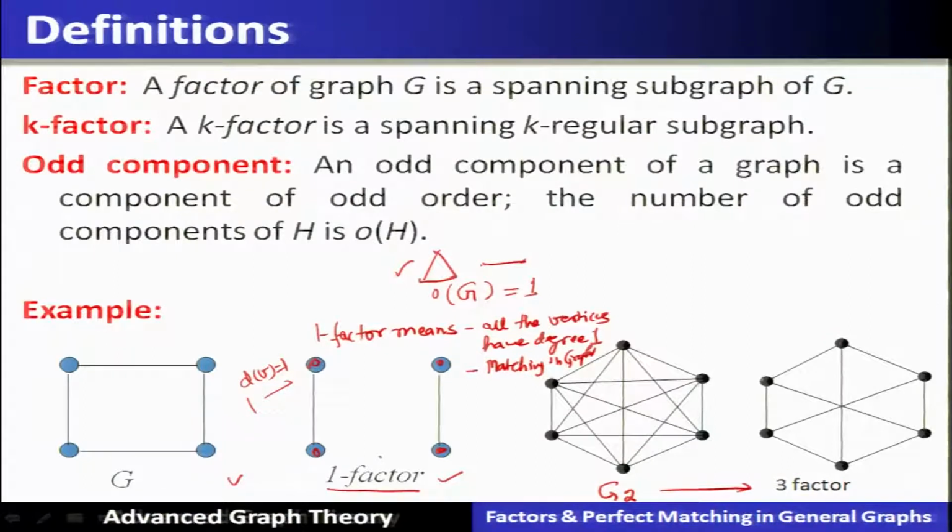A spanning subgraph will include all the vertices present in the original graph, and we find a spanning subgraph which is 3 regular, called a 3 factor. 3 regular means all the vertices have 3 edges out of 5, so it can pick any 3 of them. Similarly, this vertex will have degree 3, and so on. So, this becomes 3 regular.